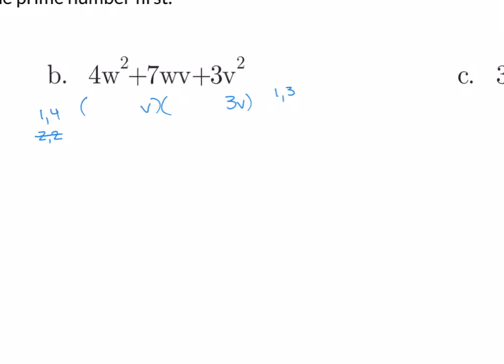So with that in mind, I do not want to multiply 4 times 3. So I'm going to put it in the same set as the 3. That leaves me with the W over here. For this problem, for our signs, we are multiplying to a positive, so that tells me same.